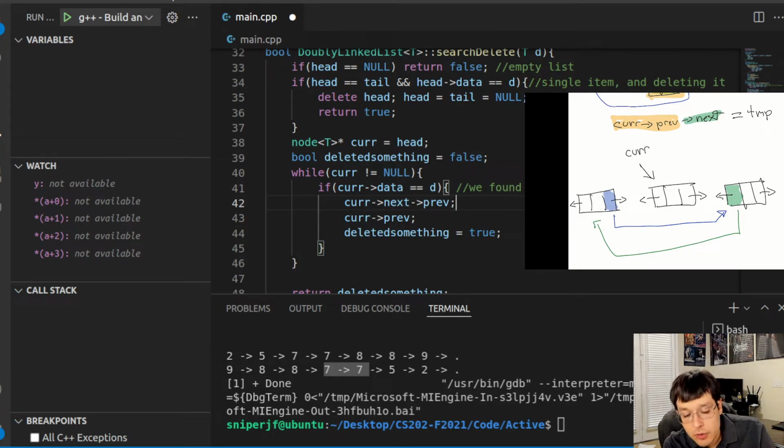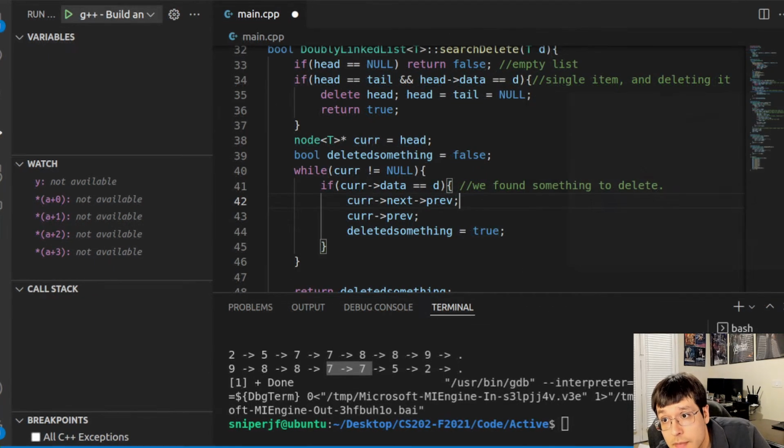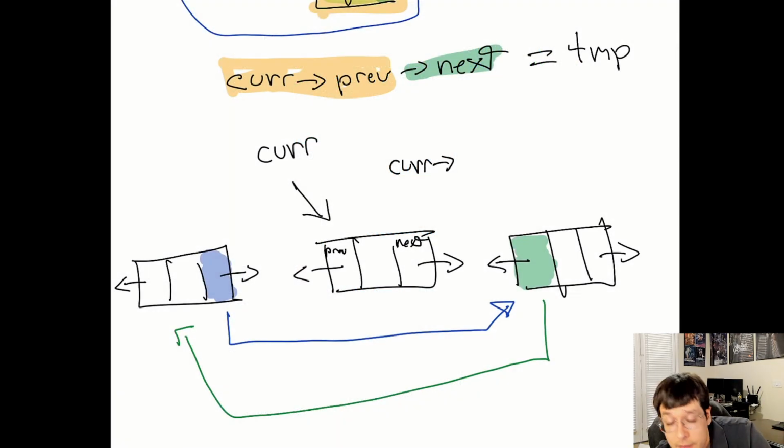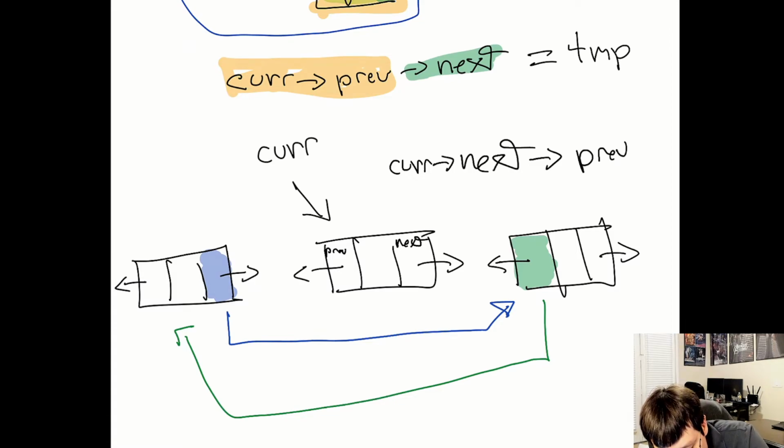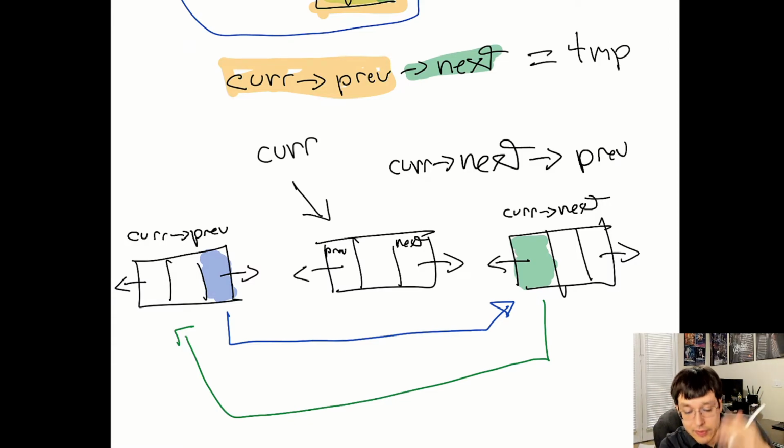So how do we get to those pointers? Well, this is cur next, and this is cur prev. So if I say cur next prev, then I'm going to get this. Because remember, this is technically cur next right now. And this is cur prev, or at least what cur prev is pointing to and cur next is pointing to. So if I say cur next prev, then I'm able to access this.